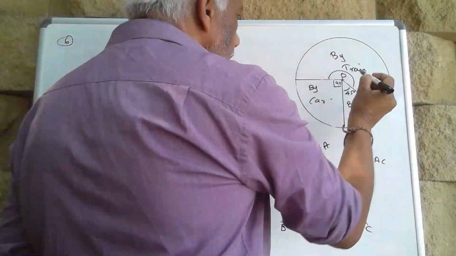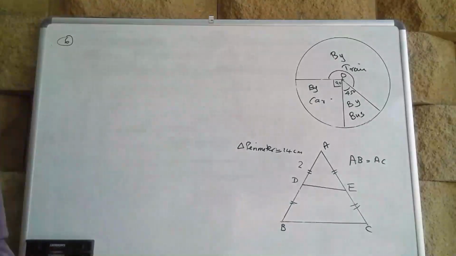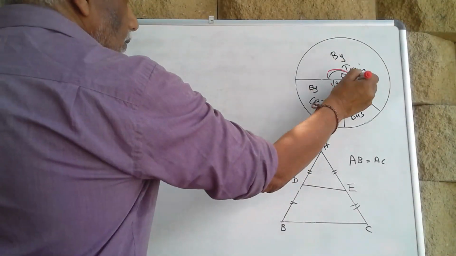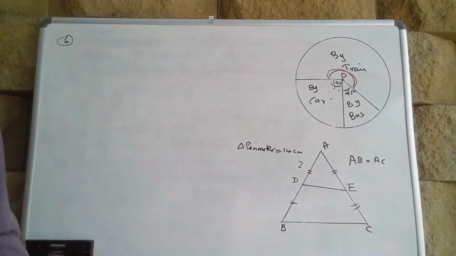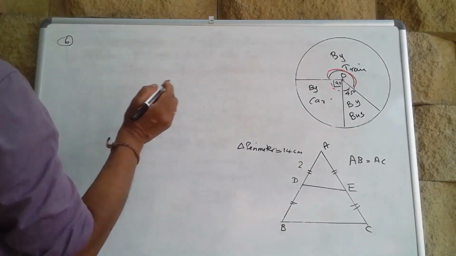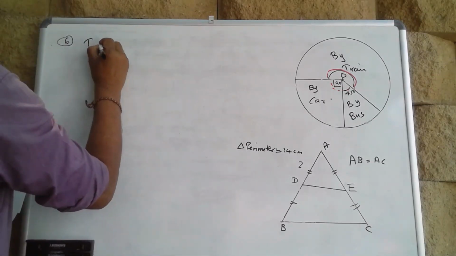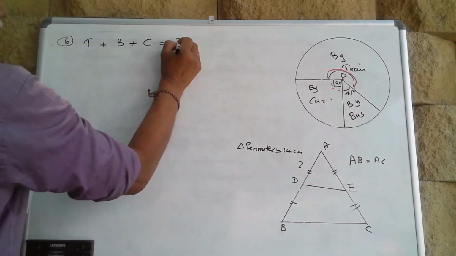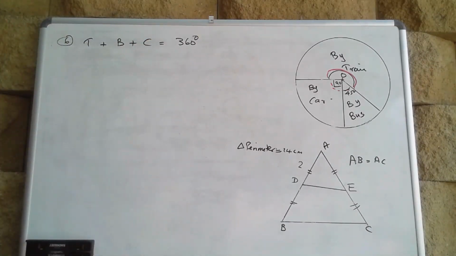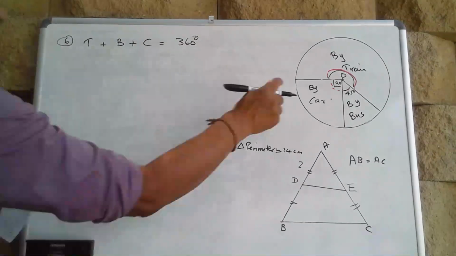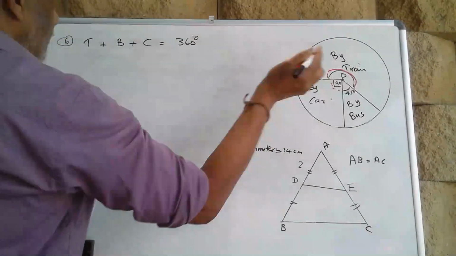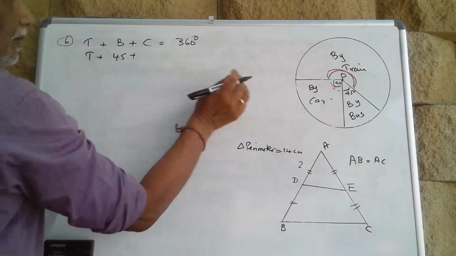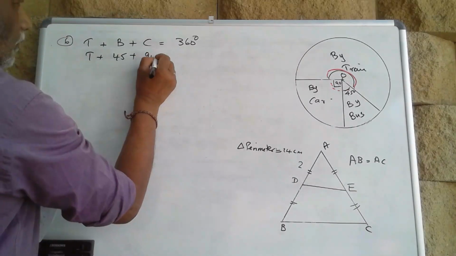If I connect these, the total is going to be 360. So train plus bus plus car is equal to 360 degrees. This one is 90. By train we don't know. Bus we know is 45, and the car is 90, equal to 360.